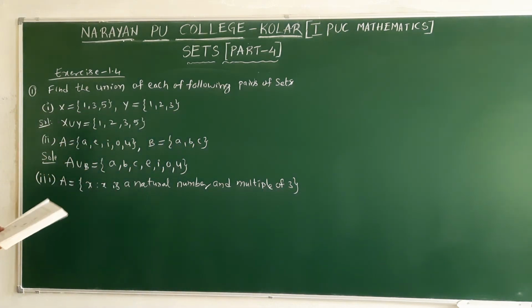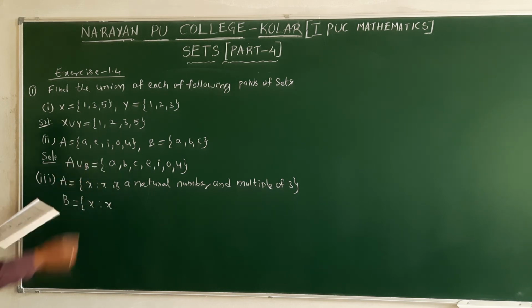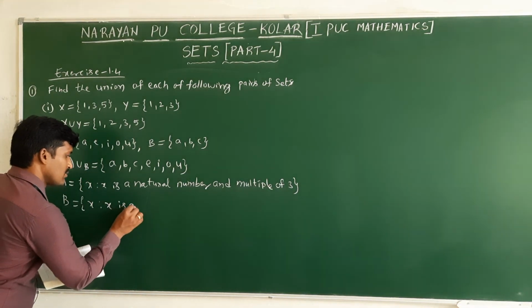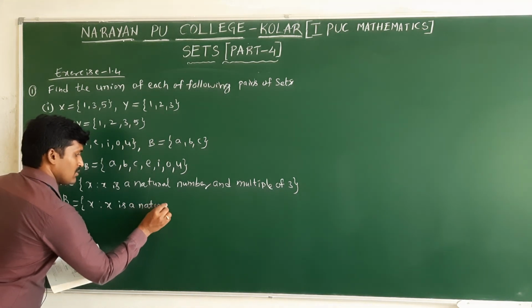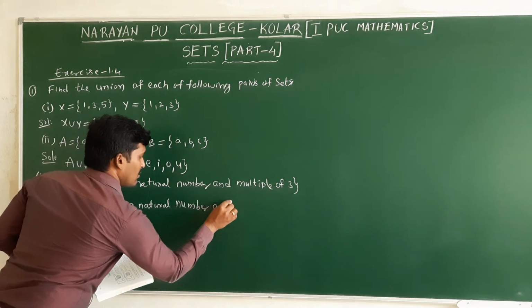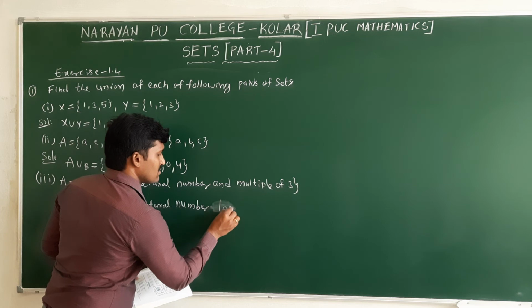Natural number and multiple of 3. B equal to X such that X is a natural number and natural number less than 6.